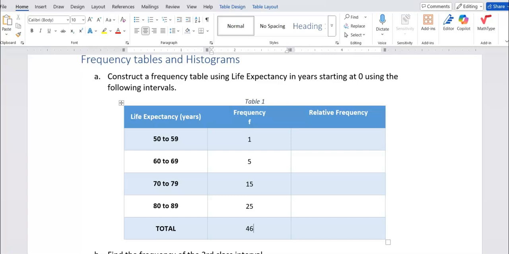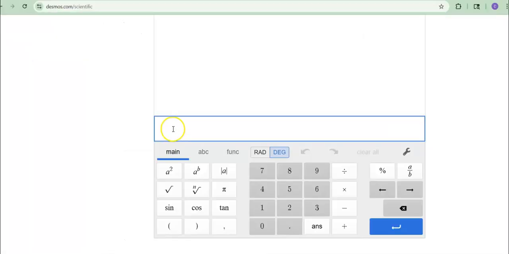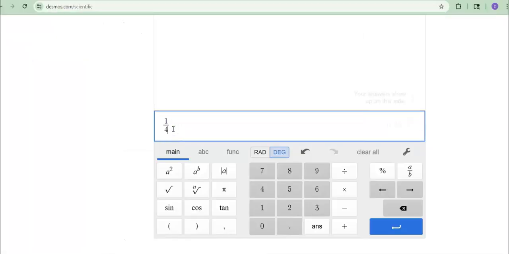Now, to find the relative frequency, as you noted, StatCrunch gave us the answer. But what we really have to do is perform the division. For our relative frequency, we take 1 and divide it by 46. So 1 divided by 46, as you can see, is 0.0217. Let's record that.